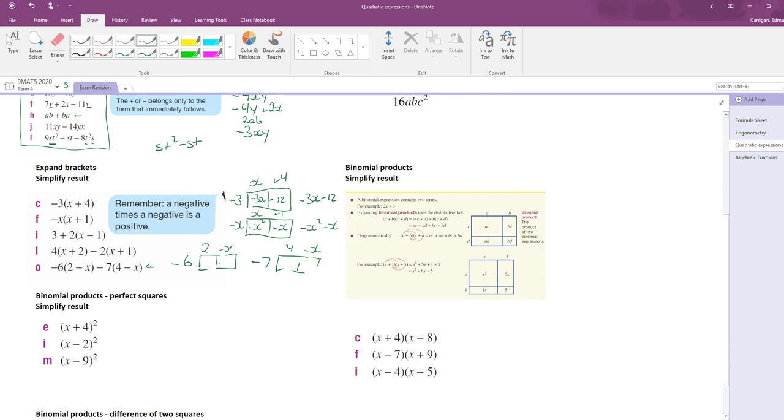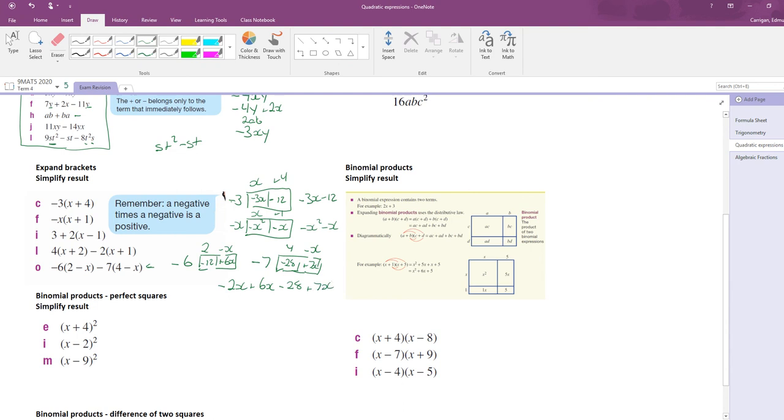2 minus x, so minus 6 times 2 is minus 12, and negative times a negative is a positive, plus 6x. And then a minus times a positive is a minus, 7 times 4 is 28, and minus times a minus is a positive 7x. So pulling them out, I've got minus 12 plus 6x minus 28 plus 7x.